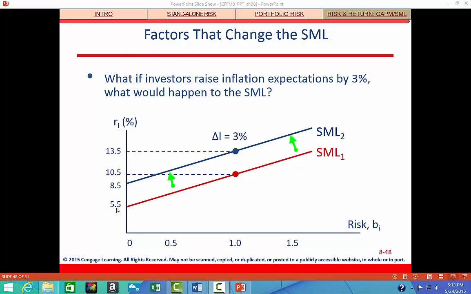So if the risk-free rate is going to go up by 3%, 5.5 plus 3 is 8.5. And that's all that happens, is that all of the required rates of returns go up by 3%. So it's just kind of like, if inflation's increasing, then whatever that amount is, that's what you hope to earn as an increase in your total return.